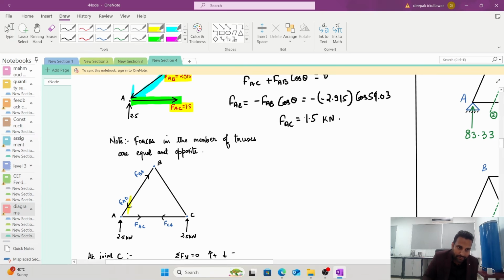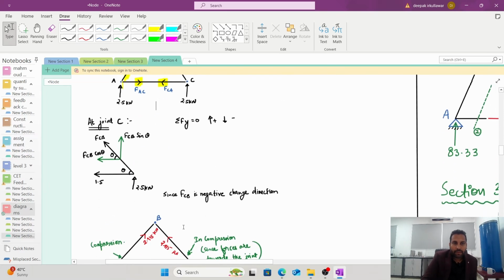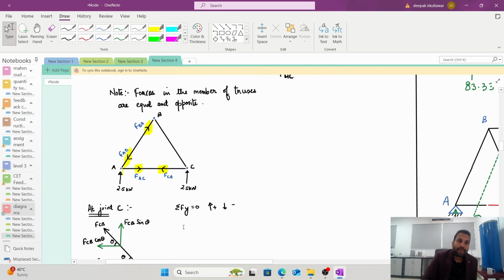So if AB is coming towards A, then BA should be towards B. Similarly, if AC is going out of A, then it should go out of C. Now there is only one member force which I don't know, that is the force in BC.